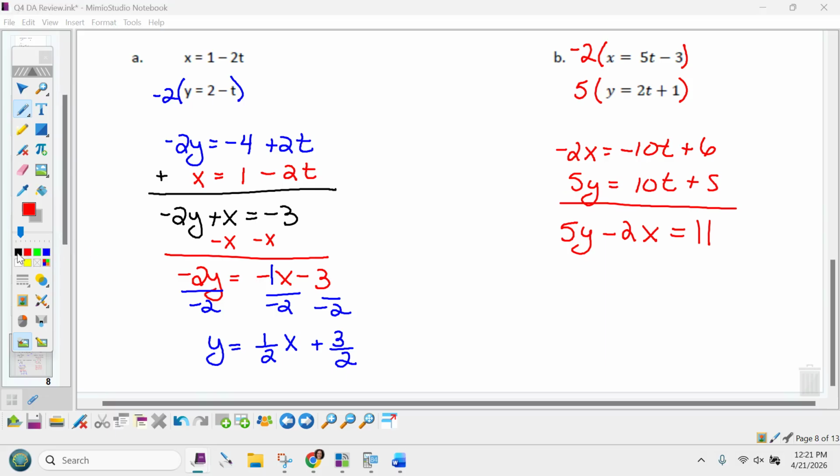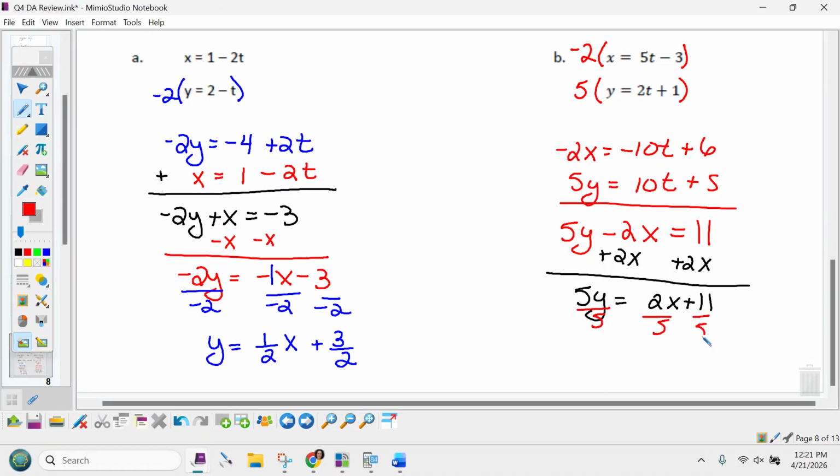And now to isolate y, we're going to PEMDAS backwards. Let's add the 2x to the right. And divide every single piece by 5. So y equals 2/5 x plus 11/5. Okay, and you're finished. Good job.